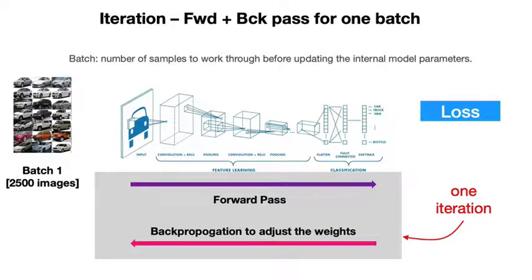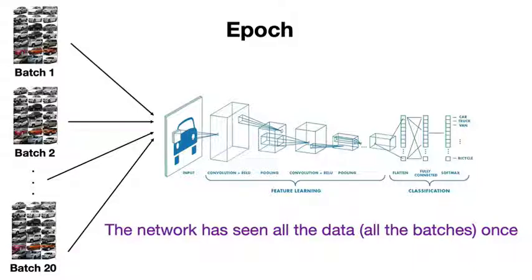When I repeat it and I have gone through all of the batches, that is called one epoch. One epoch is nothing but a term to describe that your network has seen all 50,000 images, or all the data, once, which means that you have done the forward and backward pass on each of the batches at least once. And that's the definition of an epoch.